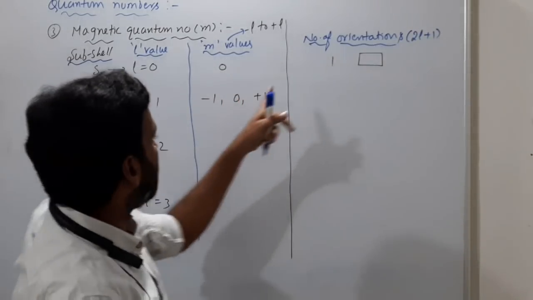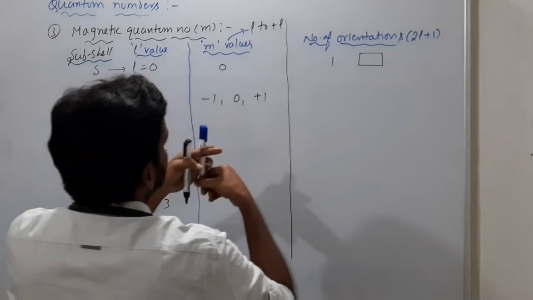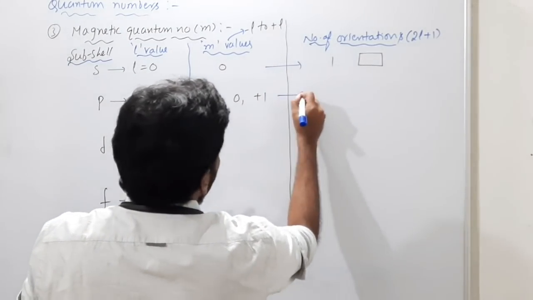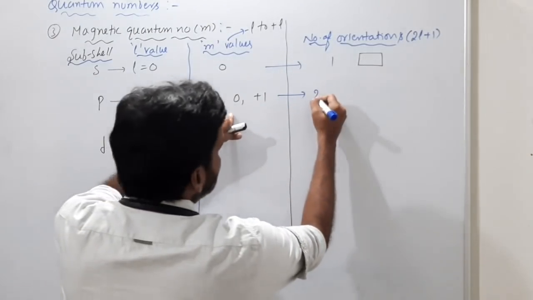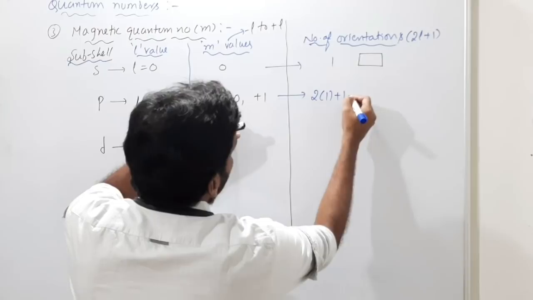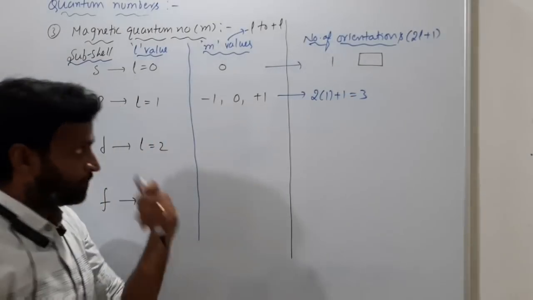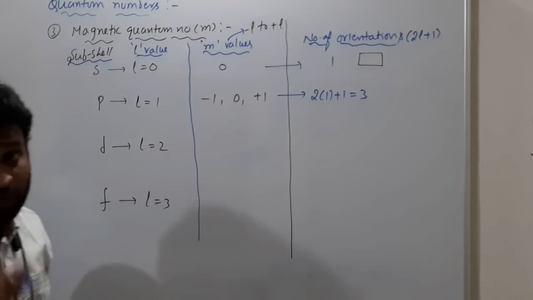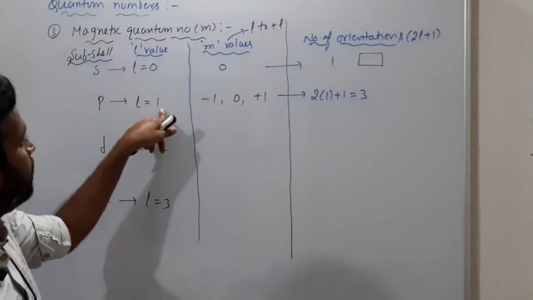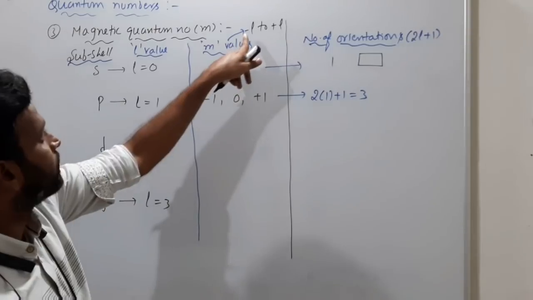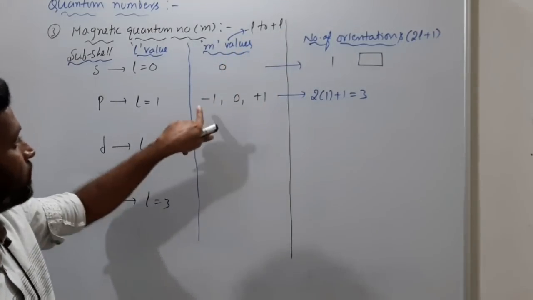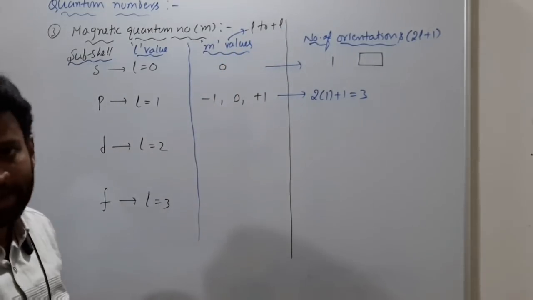The total orientations are 2 into 1 plus 1, that is 3 orientations.